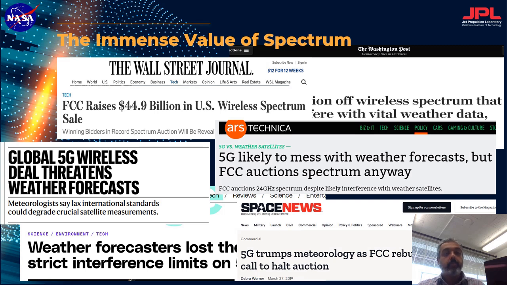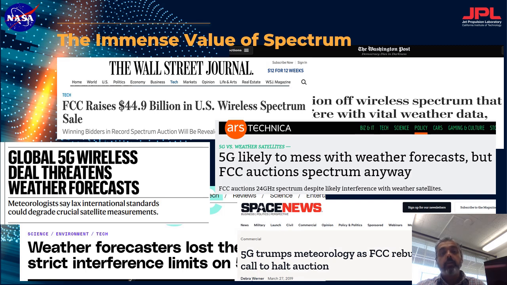So here's a good example where a little tiny band was auctioned off for like $45 billion. There's a lot of interest from a lot of folks in these limited resources, because it's like real estate. There's only so much spectra to go around.